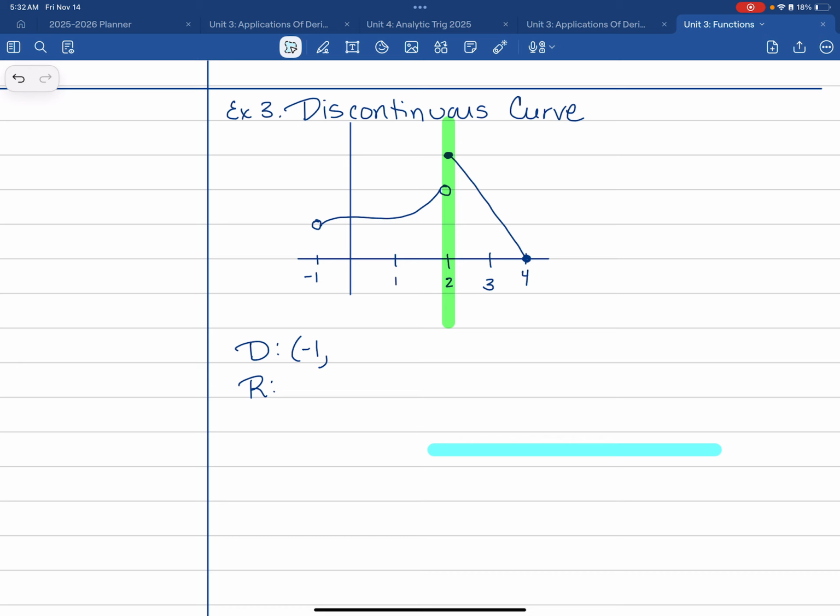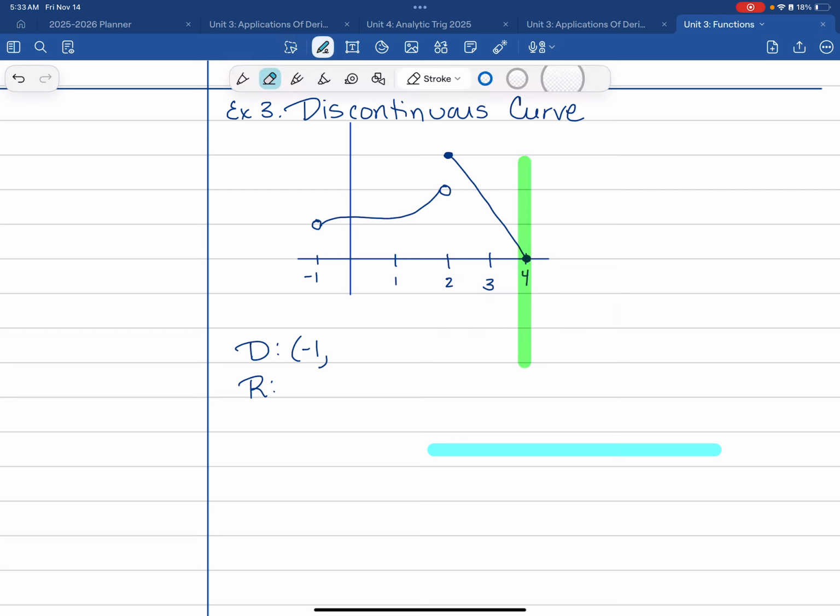I have that value at 2, 3. So I do have an output for 2. So I'm still good. I can keep on cruising. I have an output for 2, and it goes all the way to 4, including 4. So I'm going to go all the way until 4, and I'm going to include 4 because I have a closed circle.